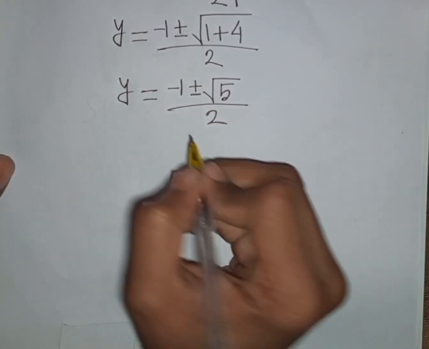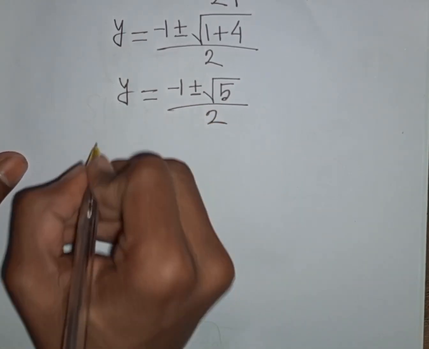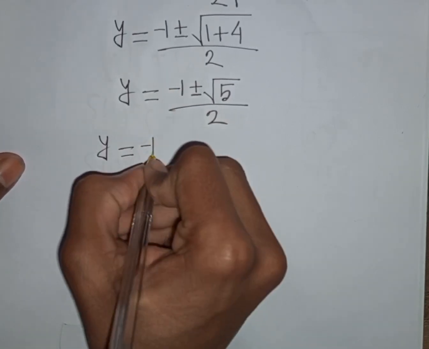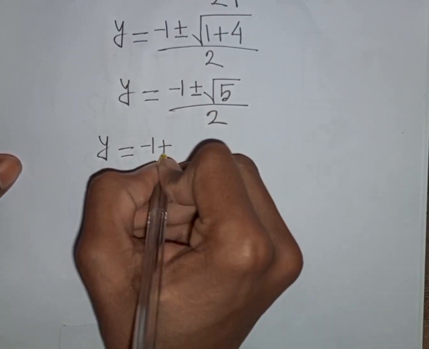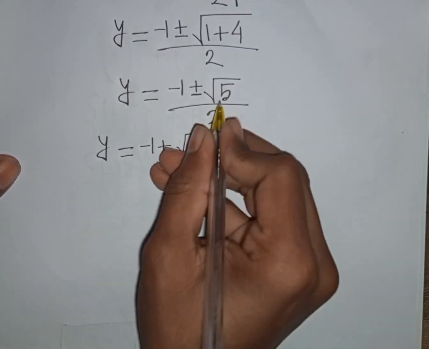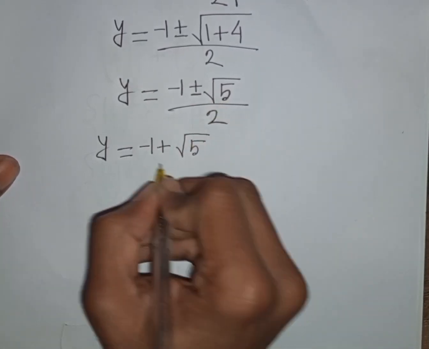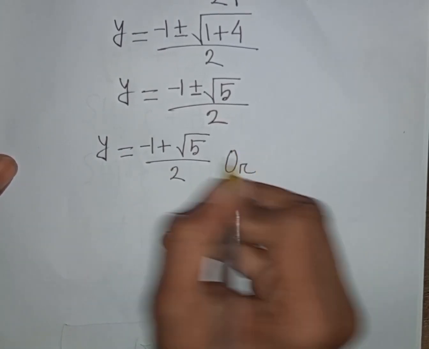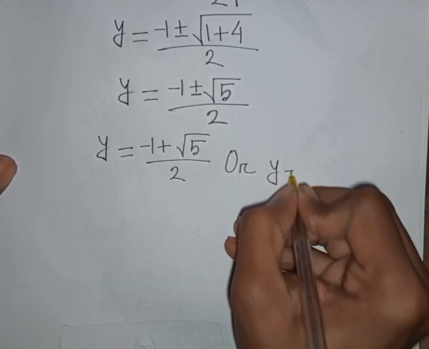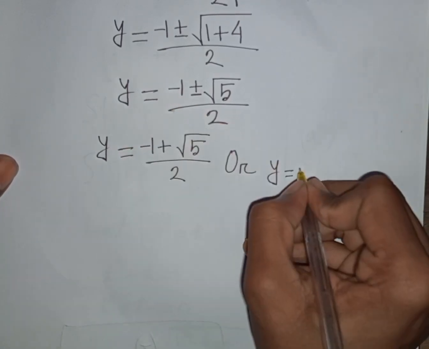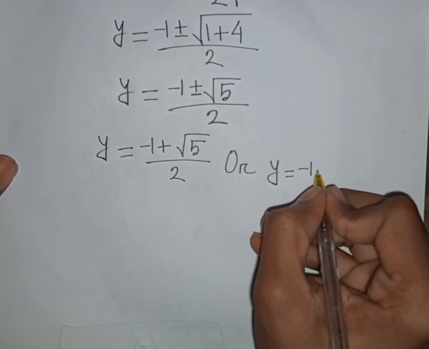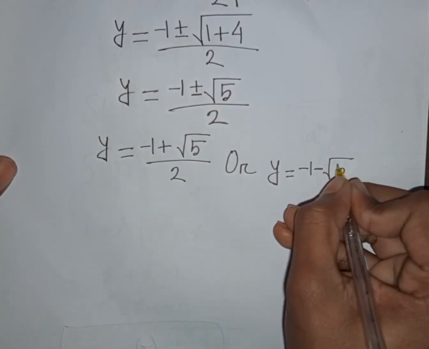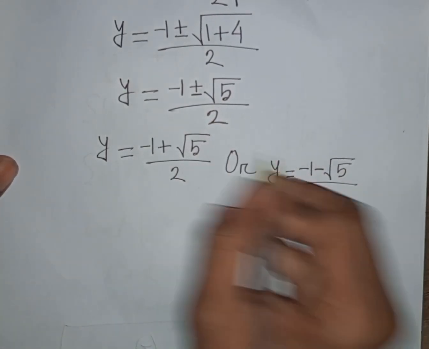Now we see here two cases, so you can write y is equal to (-1 + √5) / 2, or y is equal to (-1 - √5) / 2.